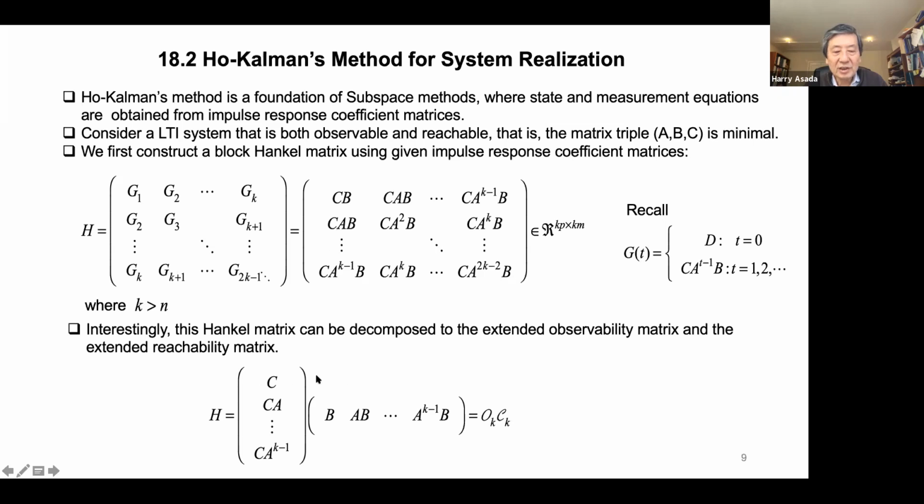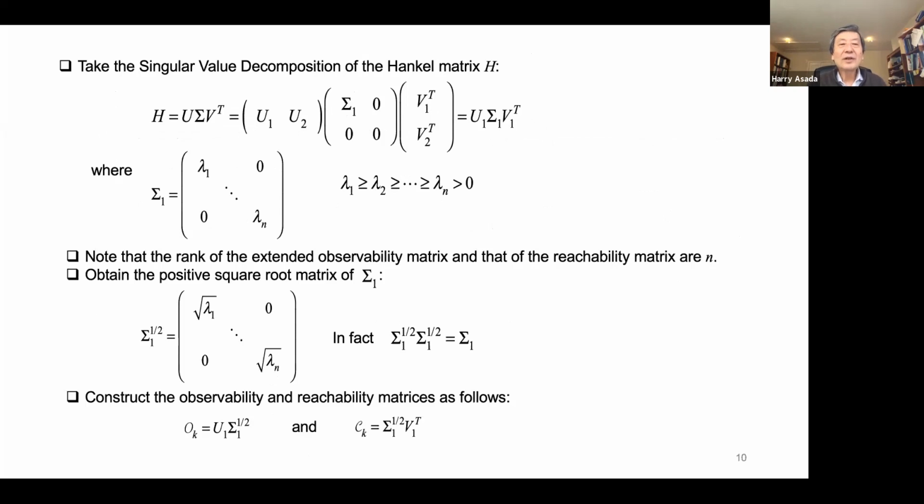And also C times AB is sitting here, the same, right? So if you just multiply these two, you get the original block Hankel matrix containing all the impulse response quotient matrices. So this Hankel matrix can be written as the product of the observability matrix O_K and the controllability or reachability matrix C_K. Okay, so please remember that Hankel matrix, O_K, C_K. Good.